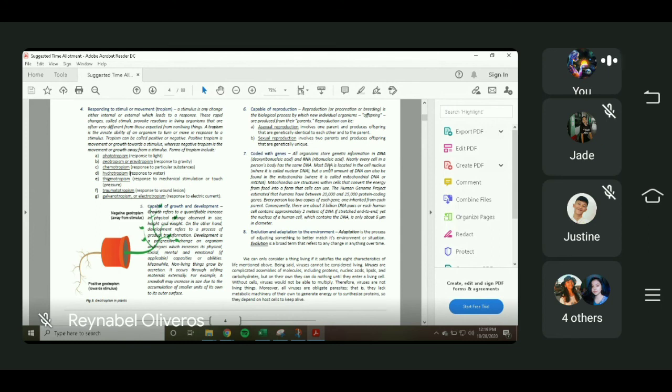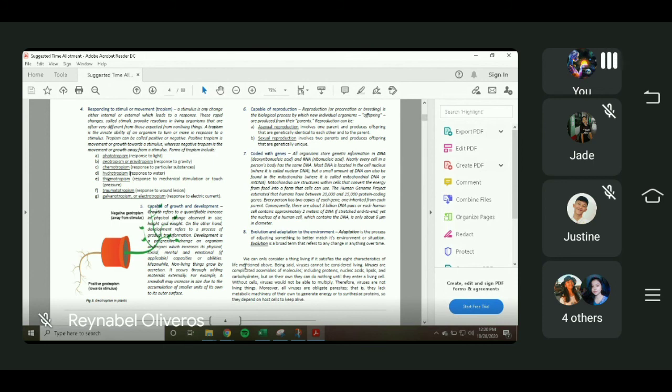'Di ba? So, pag sinabi nating adaptation, again, is the process of adjusting something to the much better in our environment. Pag sinabi naman nating evolution, it's a broad term that refers to all the change in anything over time. Okay? So, those are the different characteristics of the living organism.